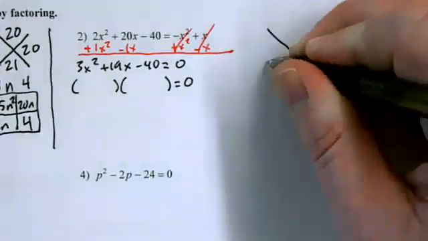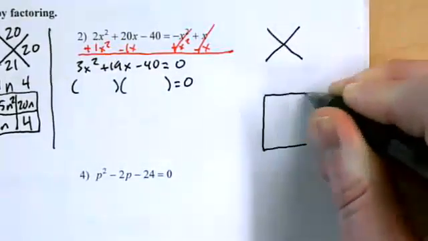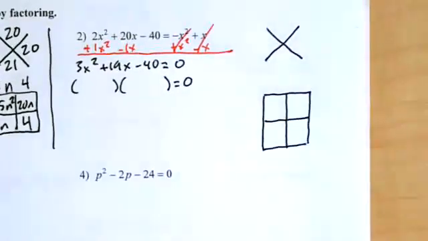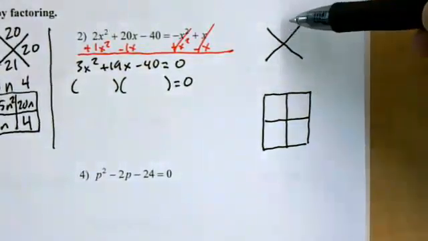So go ahead and get your diamond, your X, and your box set up. I showed some of you a shortcut without doing the diamond in the box last Thursday. Has anybody been using any shortcuts for factoring these? I had a couple people in my other class get pretty good at one of those shortcuts. All right, well, we'll do it the long way. That's fine.